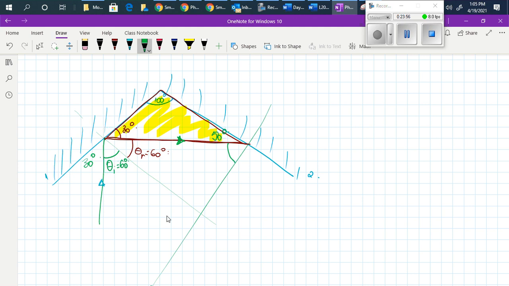Then the incident angle in the second mirror will be 90 minus 50, which is equal to 40 degrees. So will be the reflected angle. So this will be 40 degrees as well, leaving this as 50 degrees.